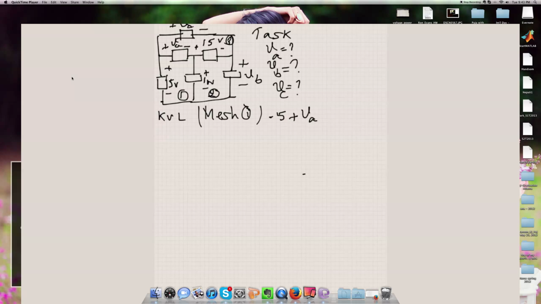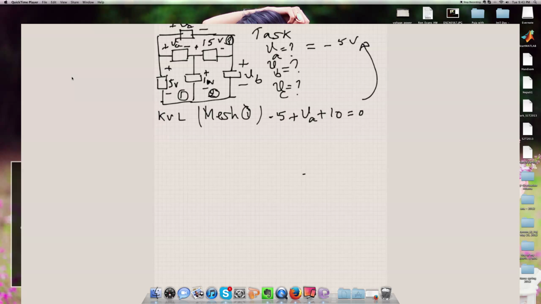Okay, so that should balance. Now this 10 is right here on the top. So this is giving us V sub A equals minus 5 volt. So this is giving us this result.